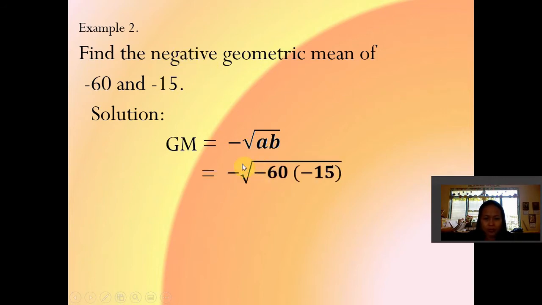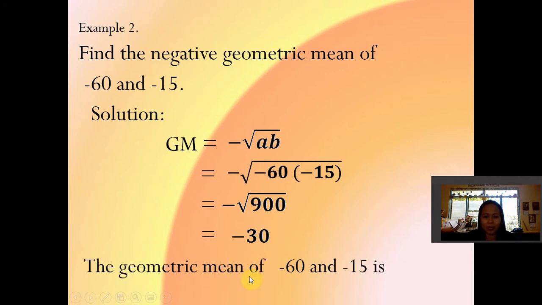So we have the negative square root of our first term, negative 60, times B, the second given term, negative 15. Multiplying these two values, we get 900. So the negative square root of 900 is negative 30.